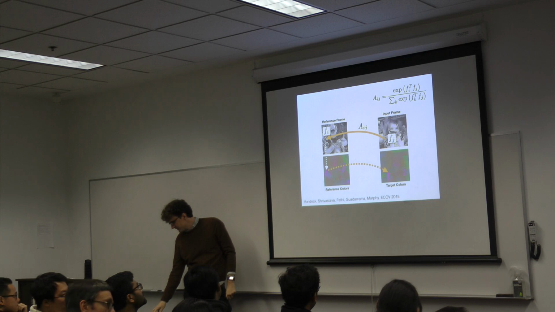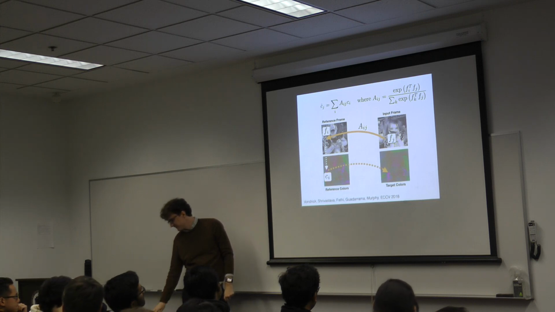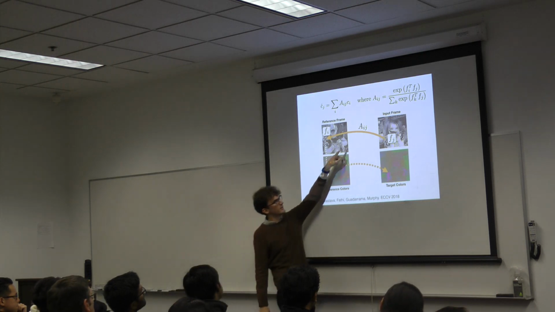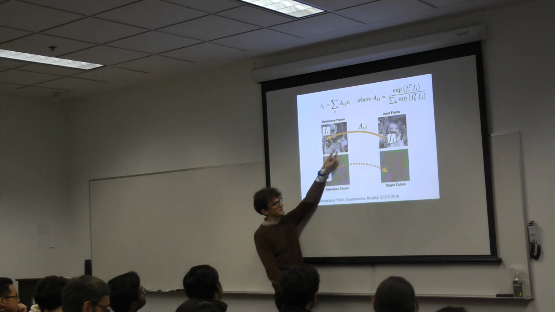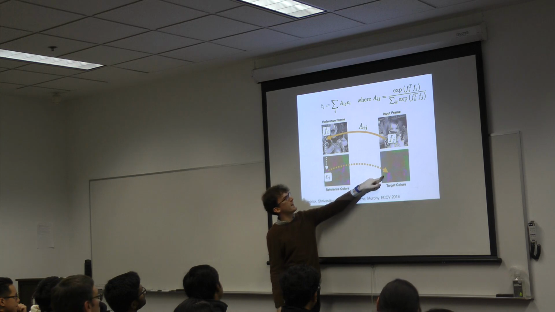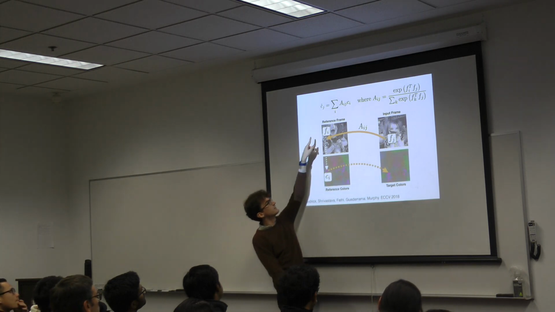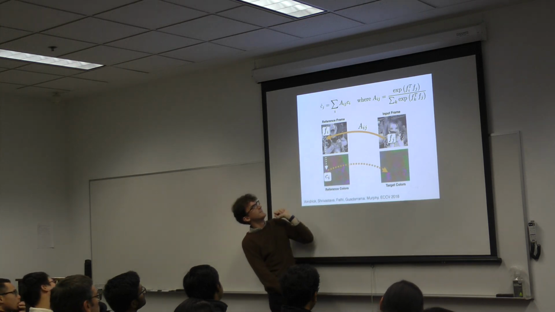Okay. So then what we want to do is use this similarity matrix to predict what the color is for patch j here, which we'll write as C hat j. Right?